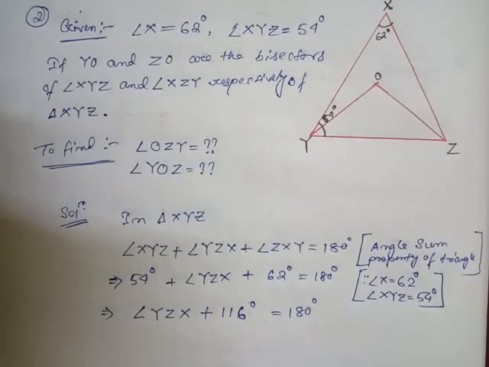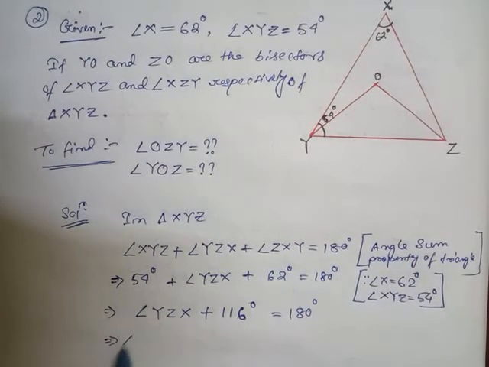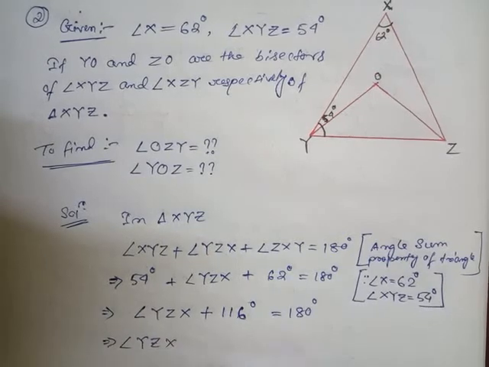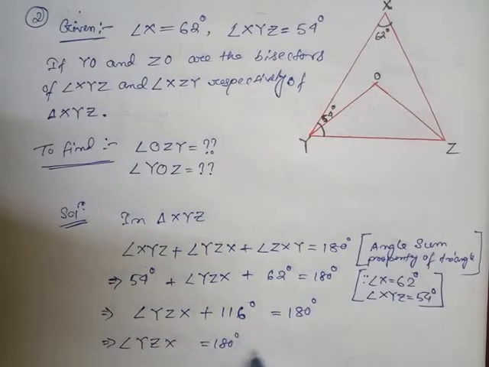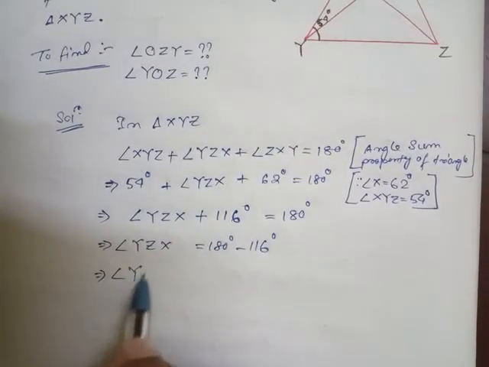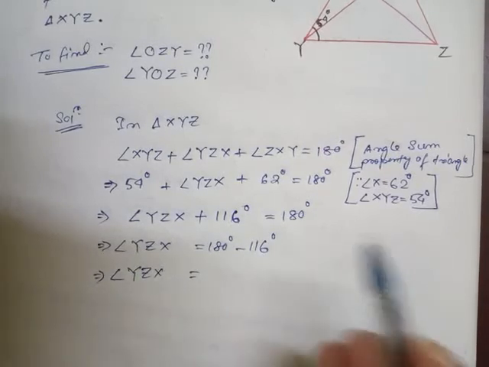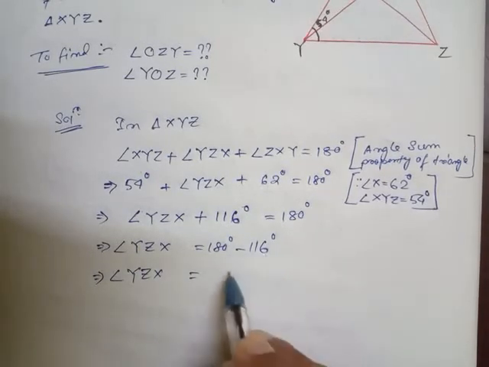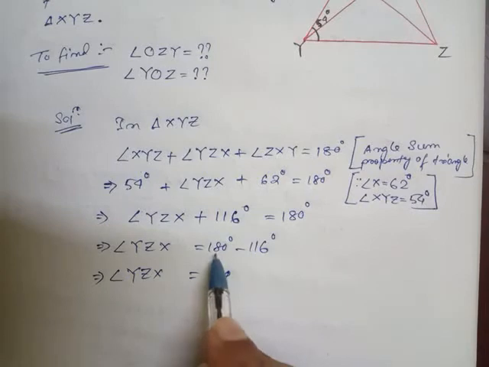Now look, after that student, angle YZX equals 180 degrees minus 116 degrees. After subtracting, the answer will be that 10 minus 6 is 4, and 7 minus 1 is 6, so 64 degrees.